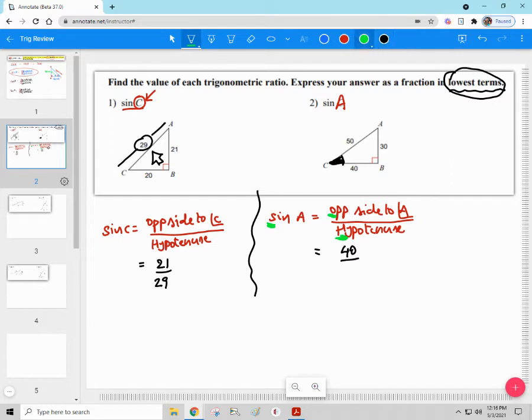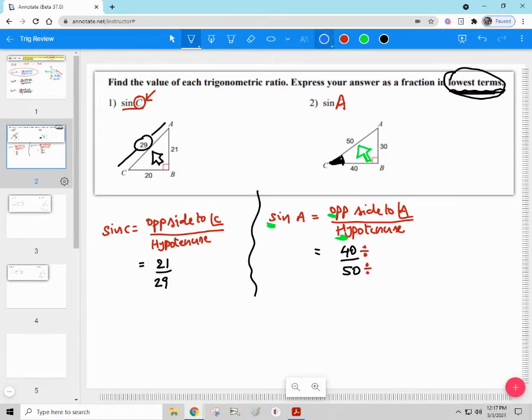Don't forget the side opposite to 90 degrees is known as the hypotenuse. Therefore, this is given as 50 units. Now, lowest terms is not rocket science. You have to think whether the numerator and denominator are divisible by any value or not.